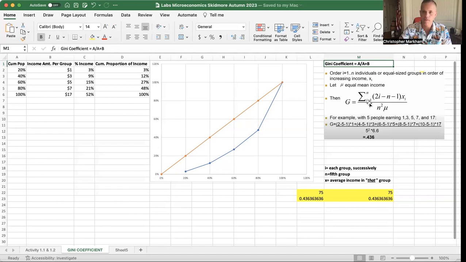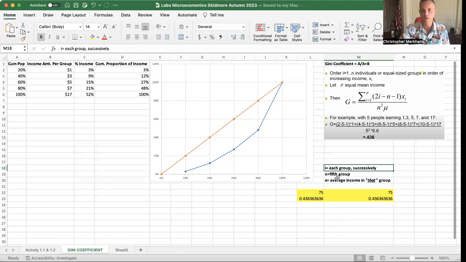Now we're going to change out i into each group in this equation, and you're going to see why in a second. In this equation, we are going to take 2 times i, and again, use this legend here, it's going to be each group successively. So the first group, the second group, the third, the fourth, the fifth. We have 5 groups. So we're literally just using the number of the group, right?